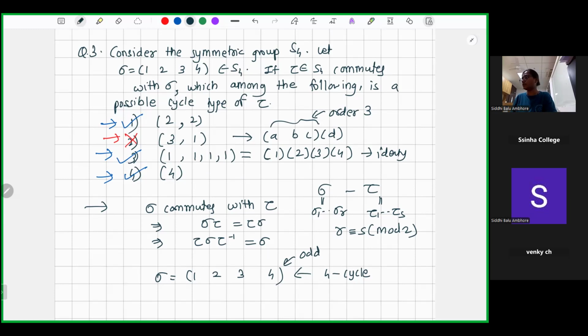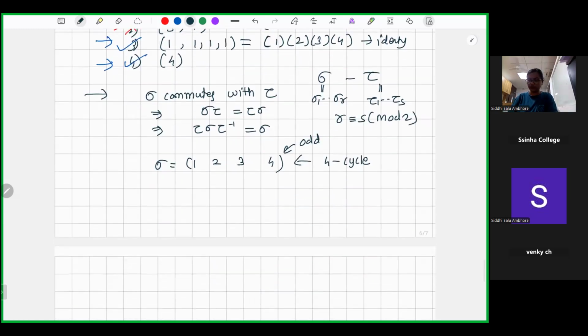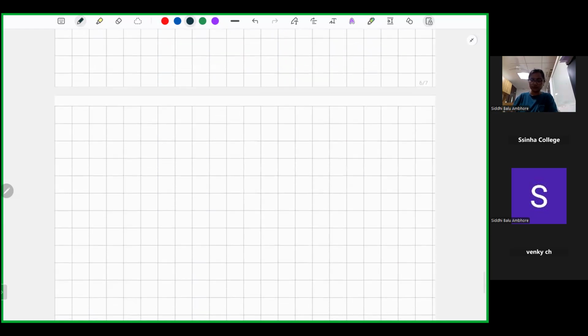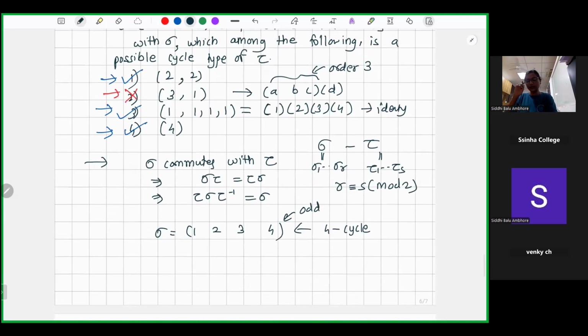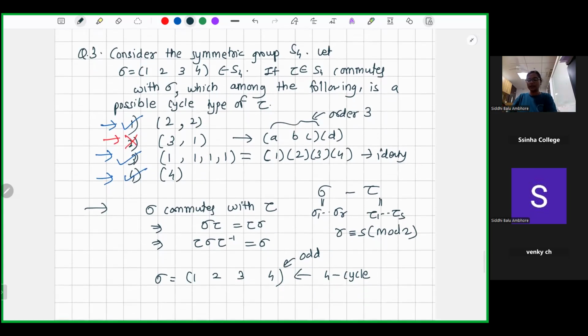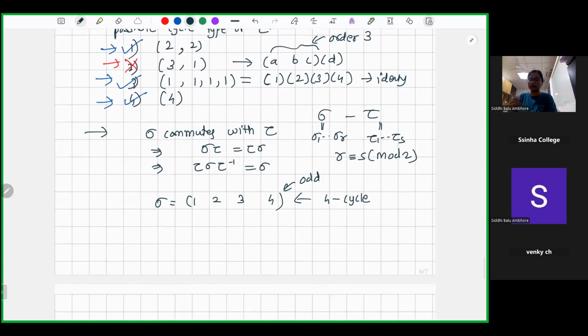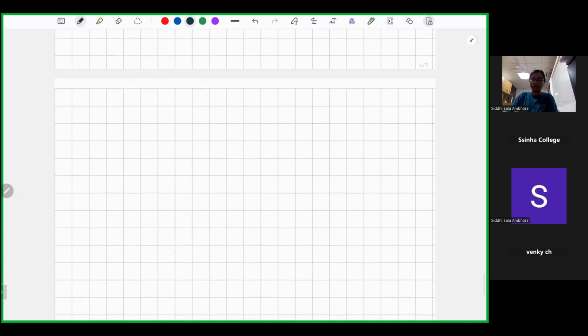If not, then we can move to the next question. This kind of question, if you are giving an exam, you can do by just working with quick examples, and you will arrive at the conclusion. So let's move to the next question.